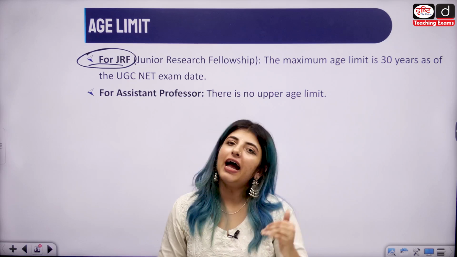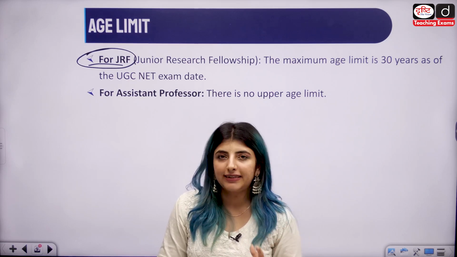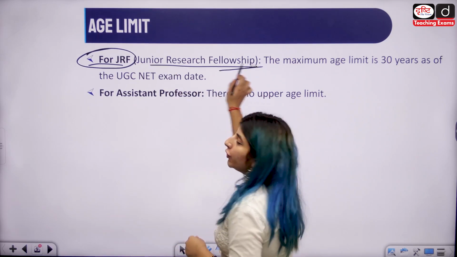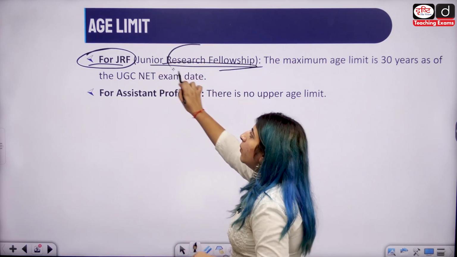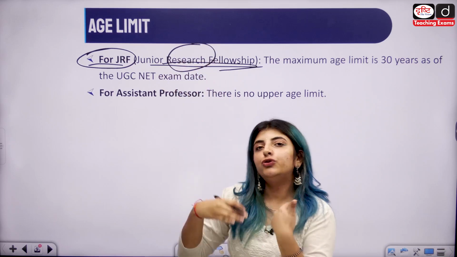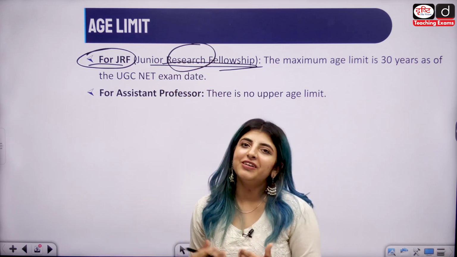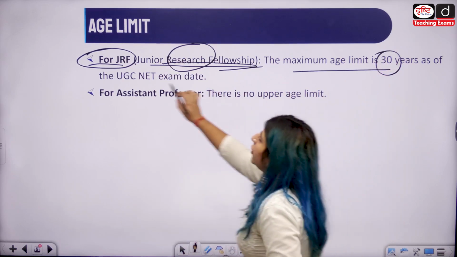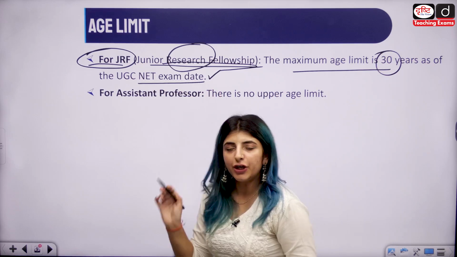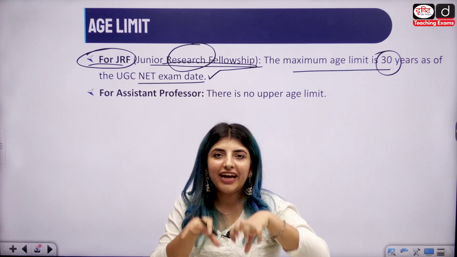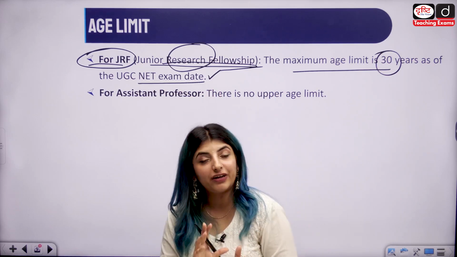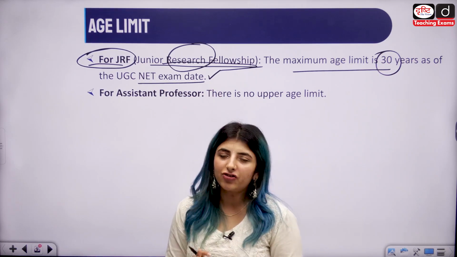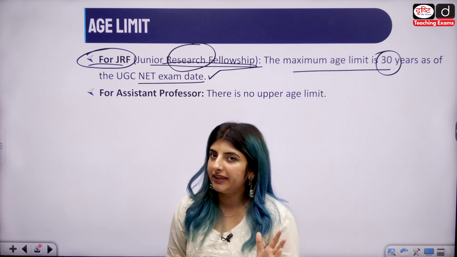It stands for Junior Research Fellowship, which the name itself suggests that you want to do research. You want to get enrolled in PhD, correct? The maximum age is 30 years as of the UGC NET exam date. Correct? So right now, the maximum age limit has certain relaxations based on women categories, LLM, etc. But majorly, it's 30 years.